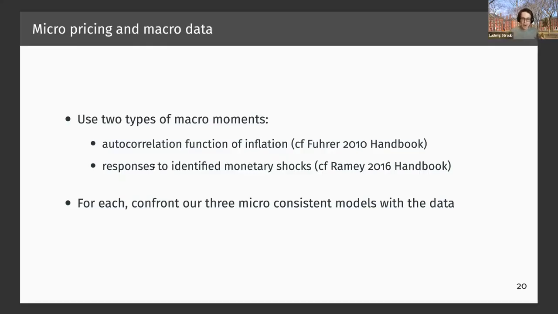And then we're going to see what autocorrelations are implied by menu cost models versus what we have in the data. And the second thing we're going to do is look at impulse responses of the price level to monetary shocks like Romer shocks, and see whether these models imply the same kind of shape and magnitude that we have in the data.